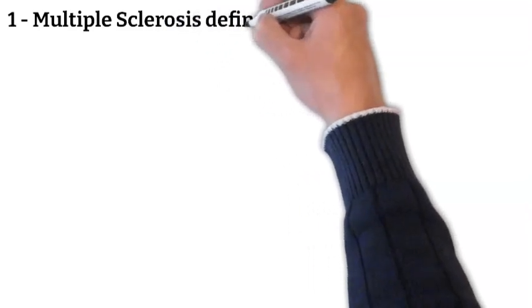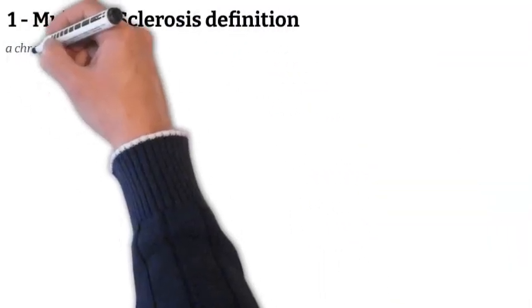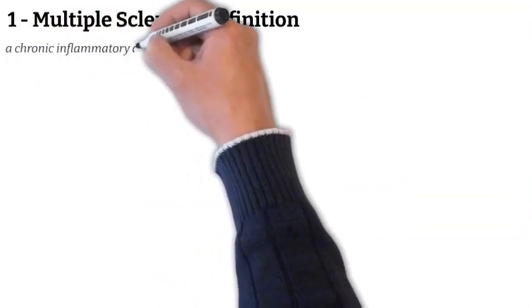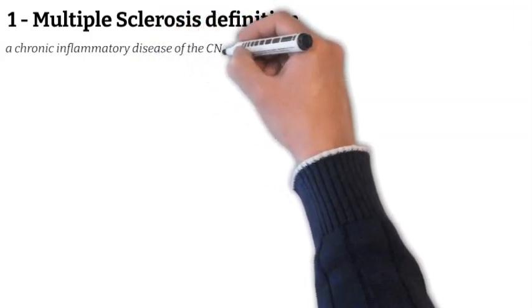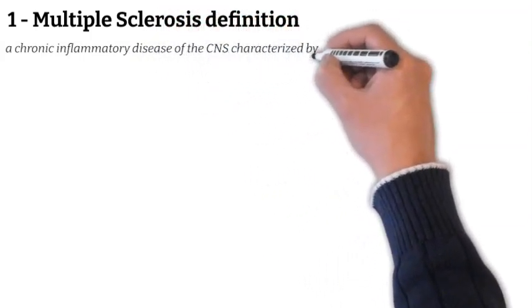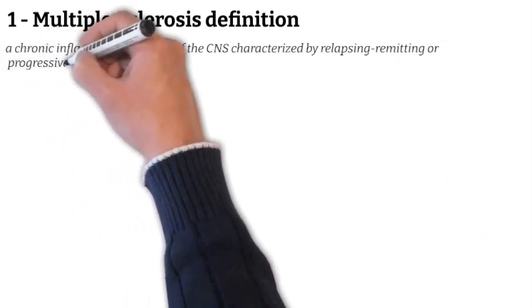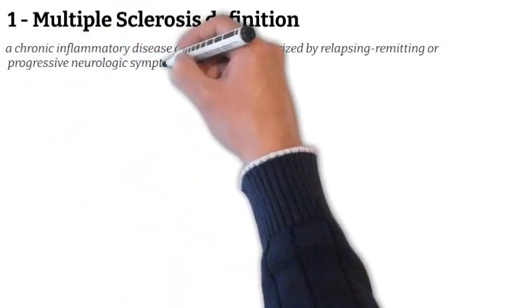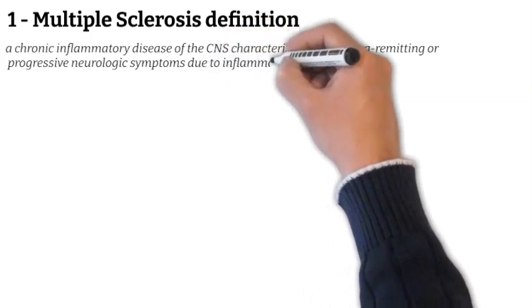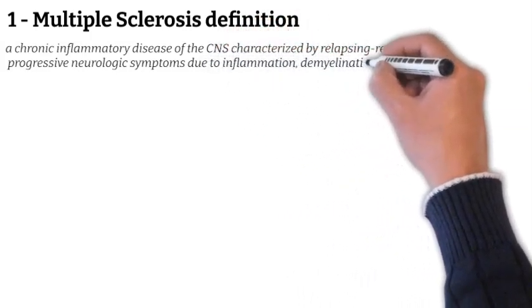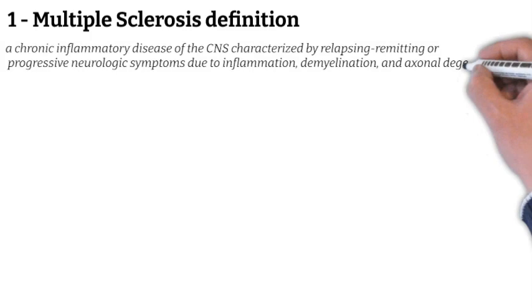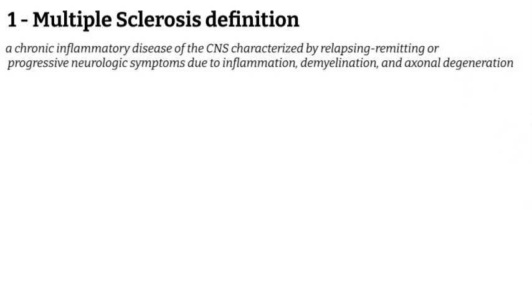Okay, multiple sclerosis definition. So we have two definitions. The first one is a chronic inflammatory disease of the CNS characterized by relapsing and remitting or progressive neurologic symptoms due to inflammation, demyelination, and axonal degeneration.